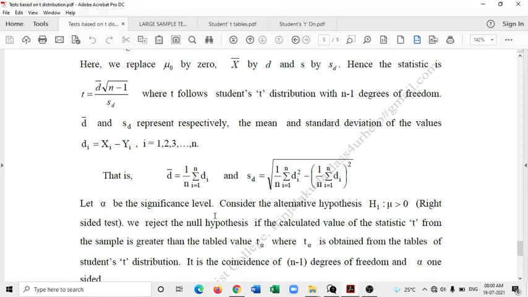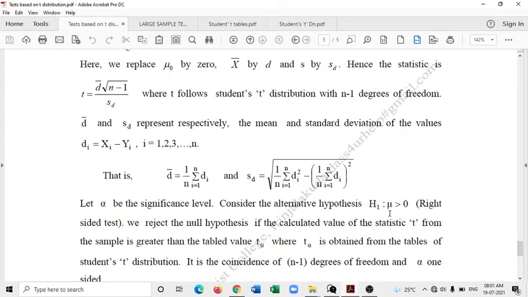So if alpha is the significance level and if H1: mu d greater than 0, this is the right-sided test, we reject the null hypothesis if the calculated value of the test statistic is greater than the table value T alpha.